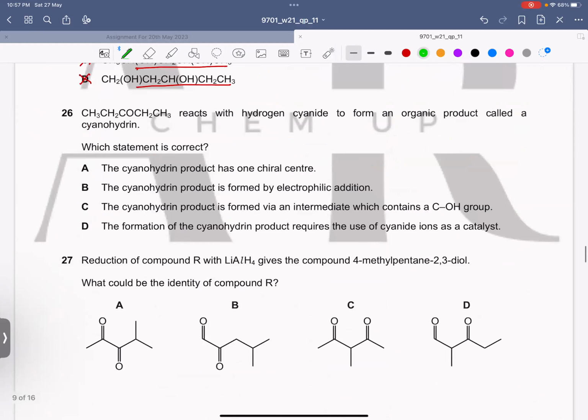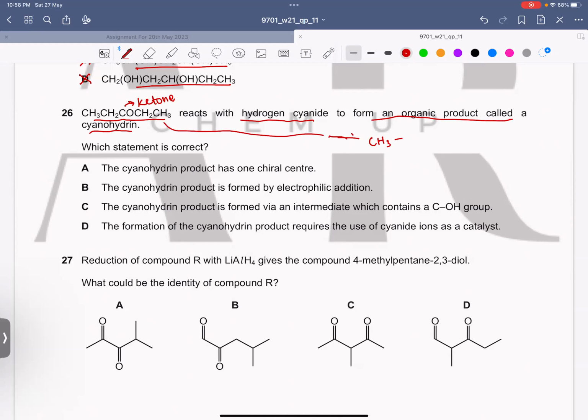Now, question number 26. CH3CH2COCH2CH3, a ketone, reacts with hydrogen cyanide to form an organic product called cyanohydrin. So what would happen in this reaction? I'm just drawing the product over here.